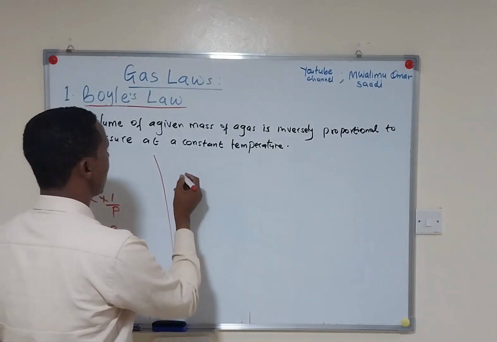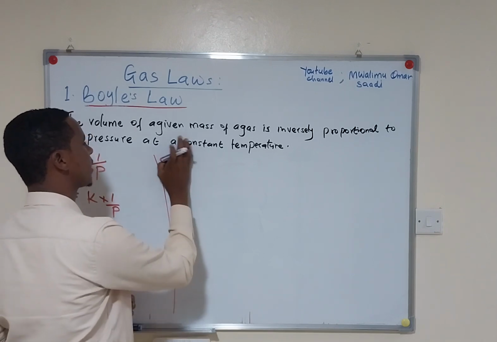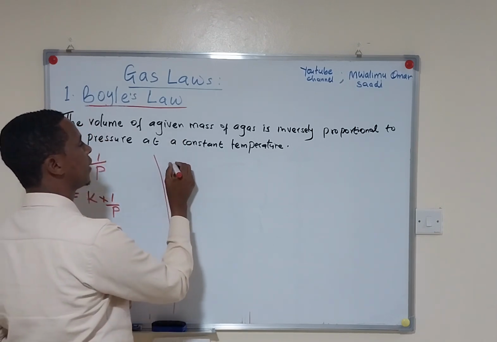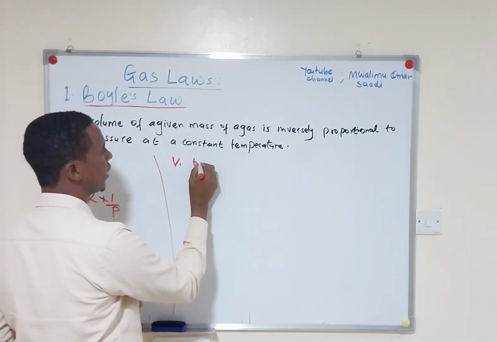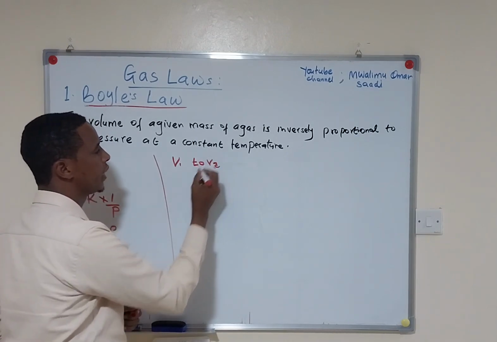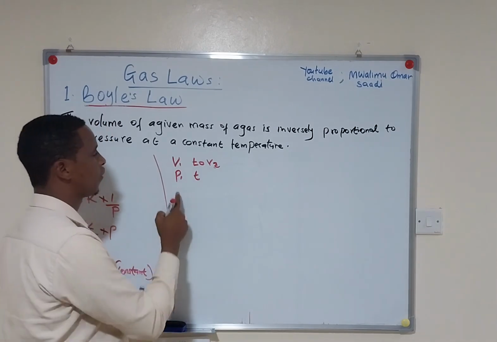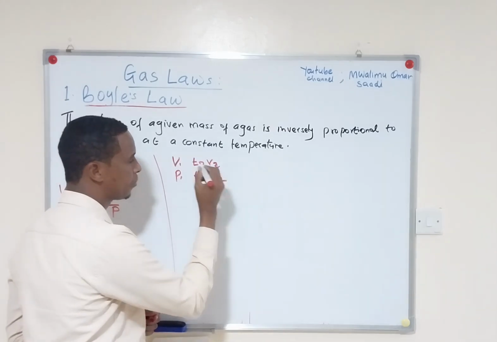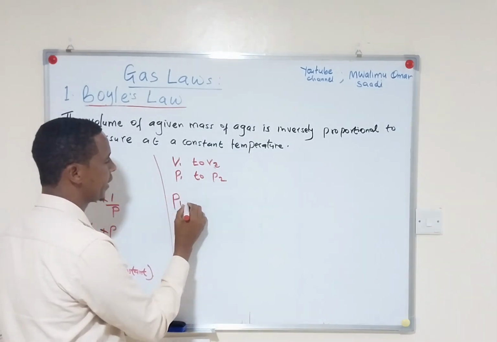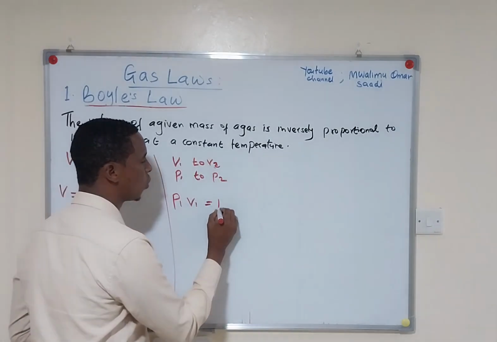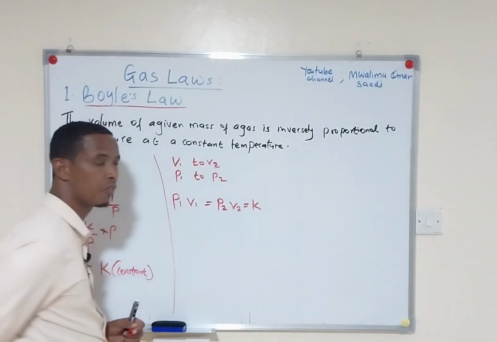So this gives us P1 V1 equals P2 V2, which is equal to what? Constant. Both of them are constant.